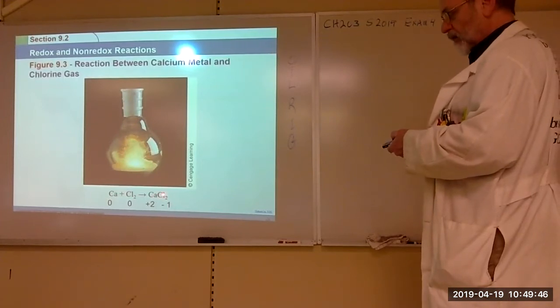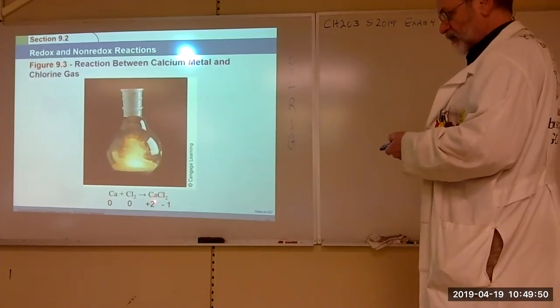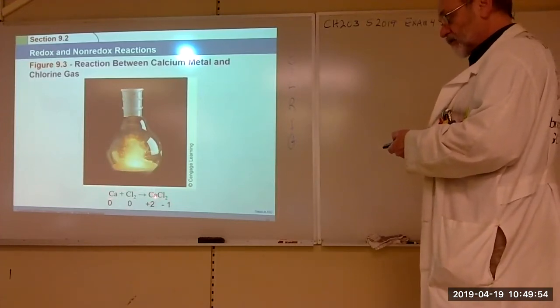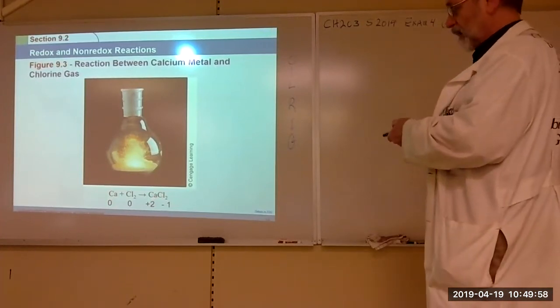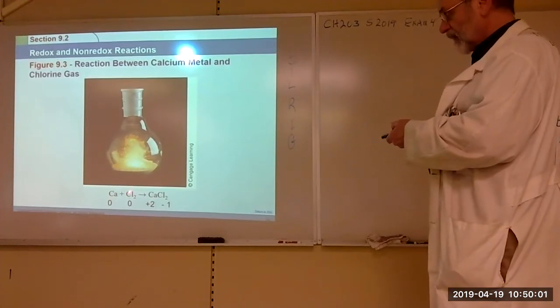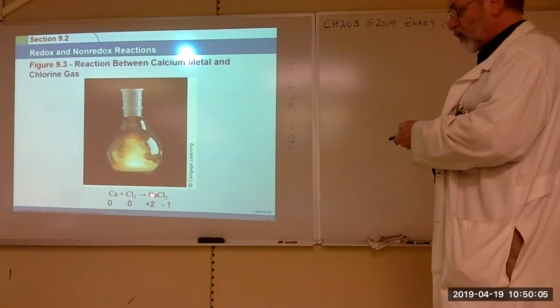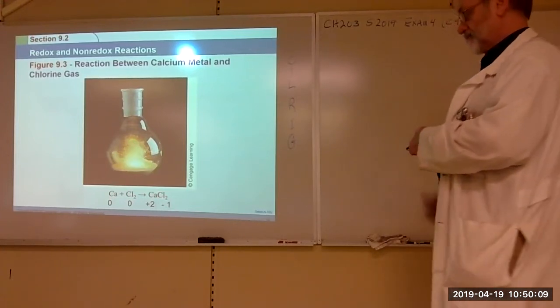But over here, chlorine is -1. And since there are 2 of them, the calcium has to be +2. So we know that calcium has lost 2 electrons per calcium. Chlorine has gained 1 electron per chlorine, which means 2 total electrons. See how that is?